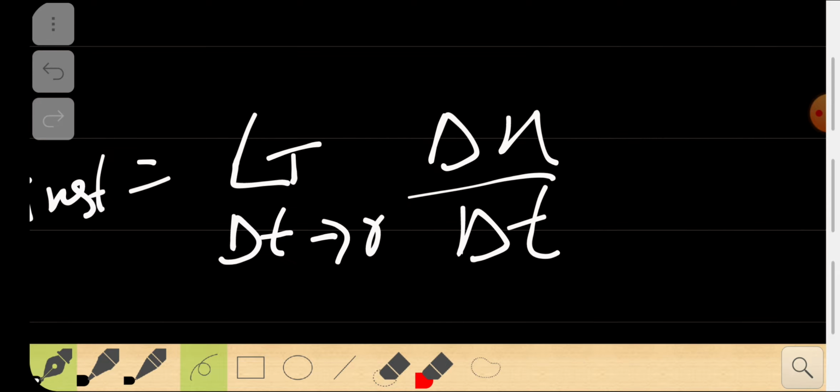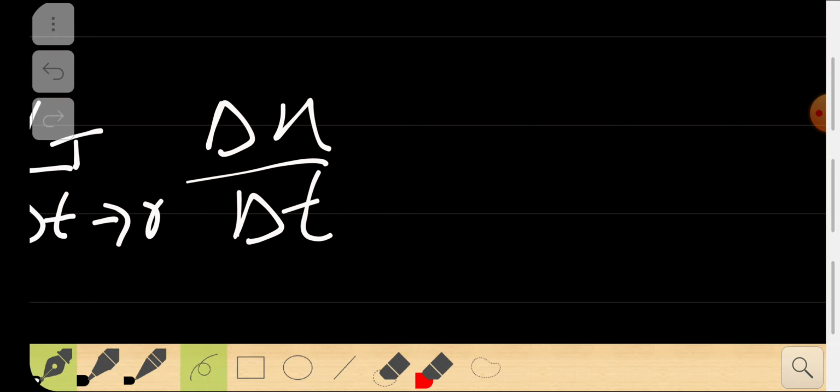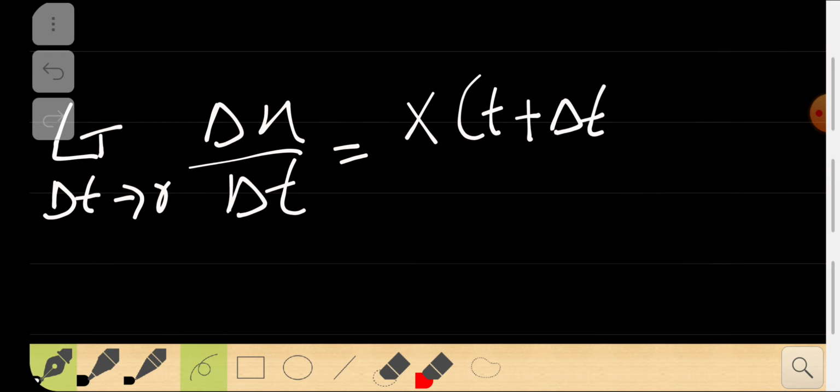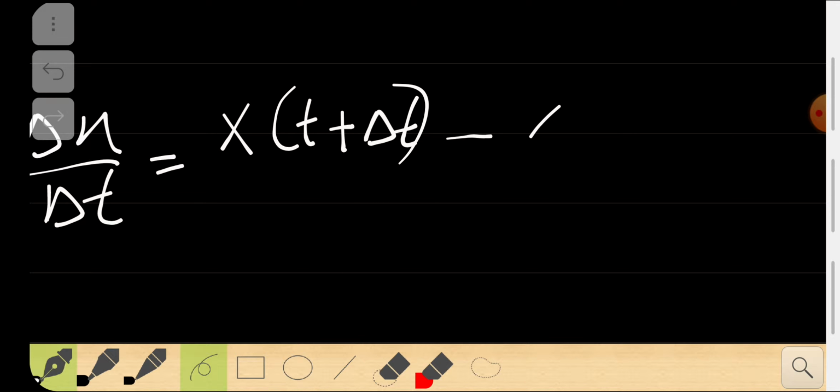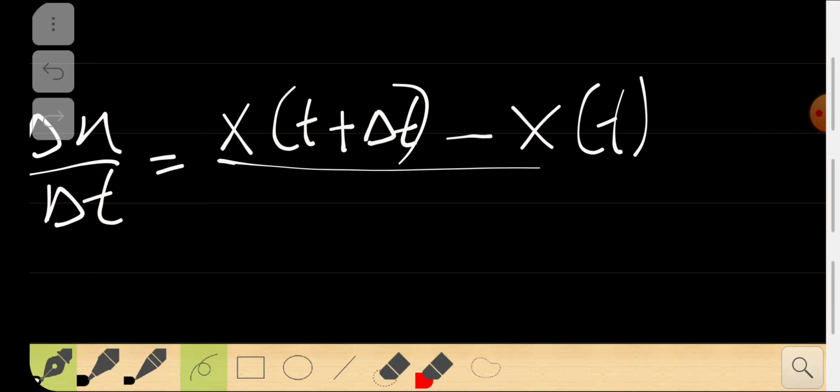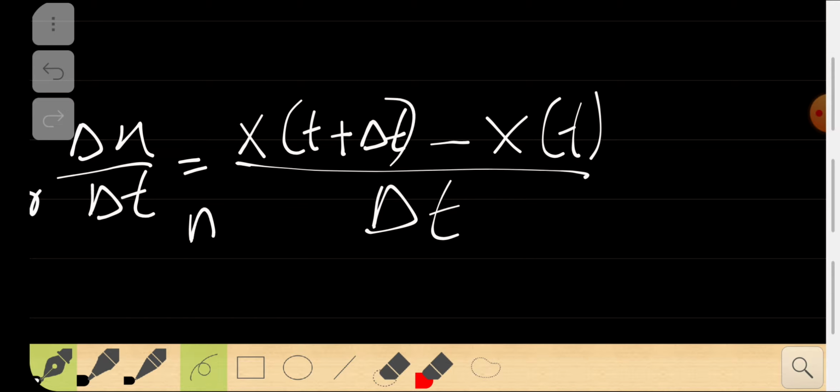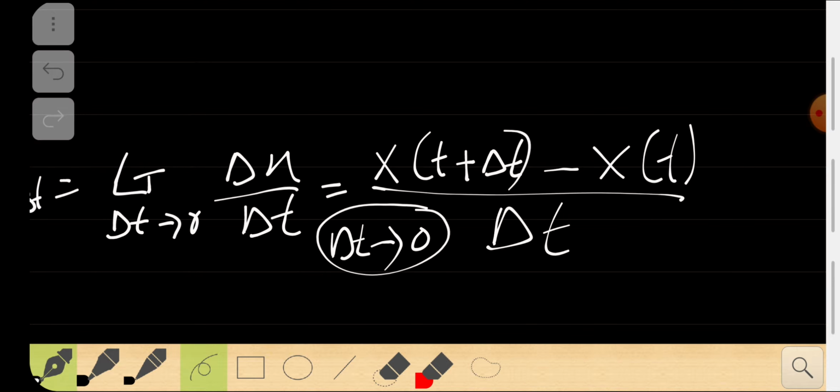So instantaneous velocity will look something like x of t plus delta t, at a higher point, minus x of t, by delta t, with delta t tends to 0. In that case, that's called the instantaneous velocity of the particle.